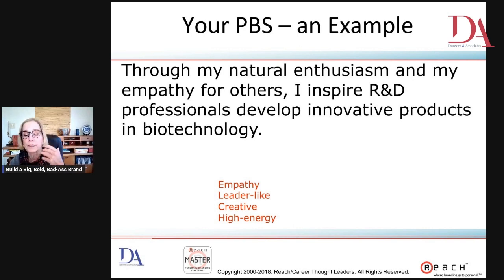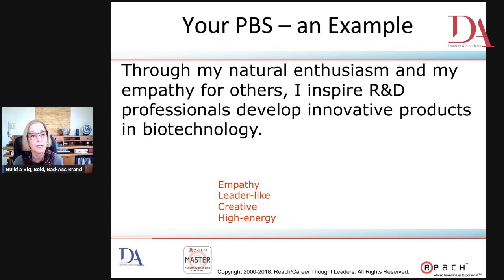And the person who did this had taken the 360 Reach. And what they were doing was creating their brand statement using these attributes that the 360 Reach identified. So they learned that people saw them as having empathy, as being leader-like, creative, and having high energy.